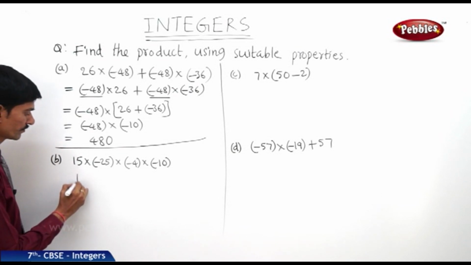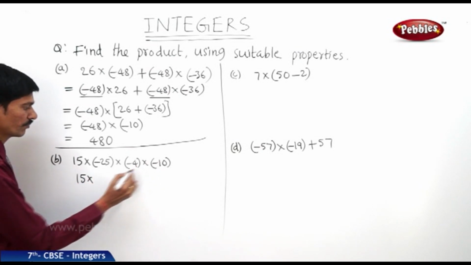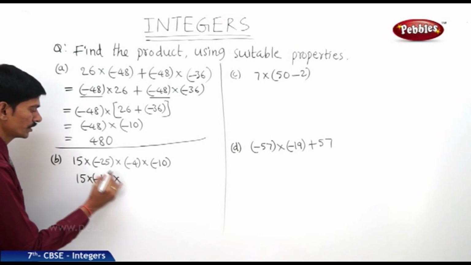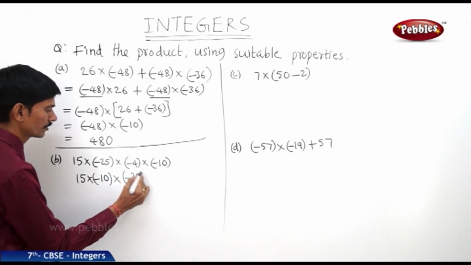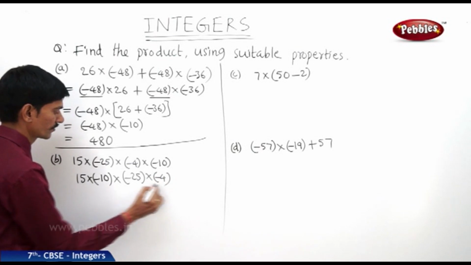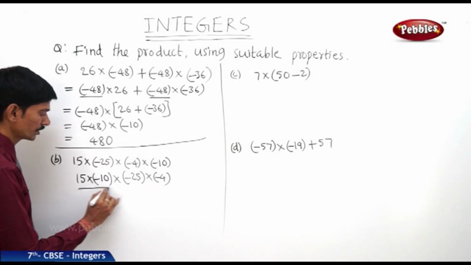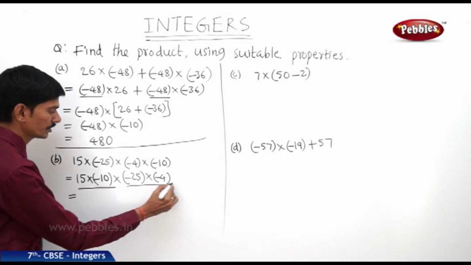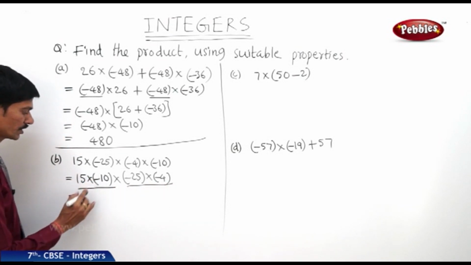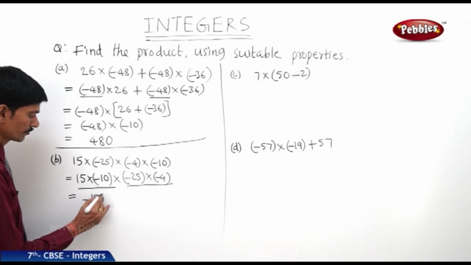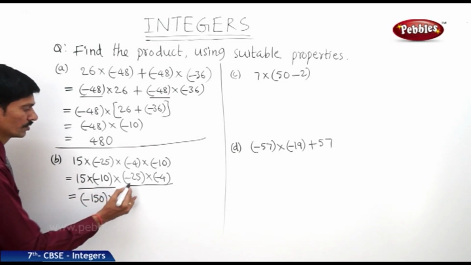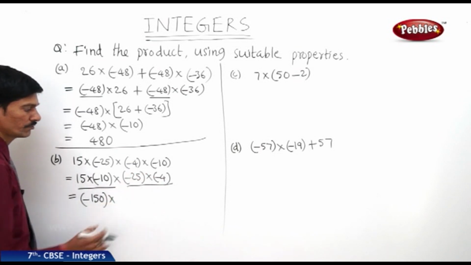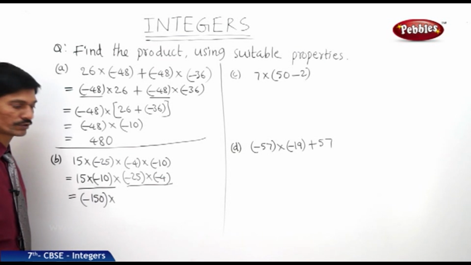So we will take 15 into minus 10, then we will write minus 25 into minus 4. So first we will multiply the first two integers, then we will multiply the last two integers. So 15 into minus 10 is minus 150 into 25 4s are 100, and this is the product of two negative integers.